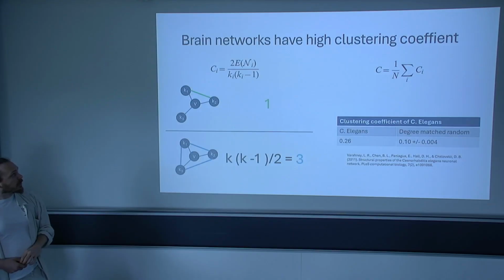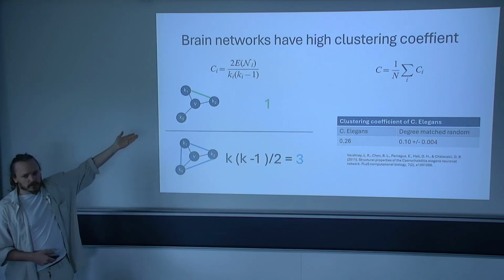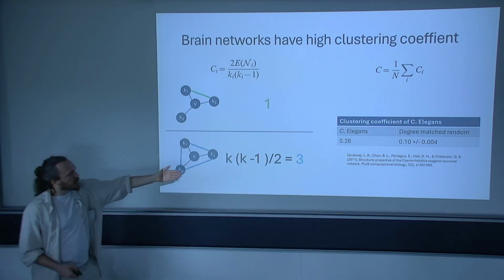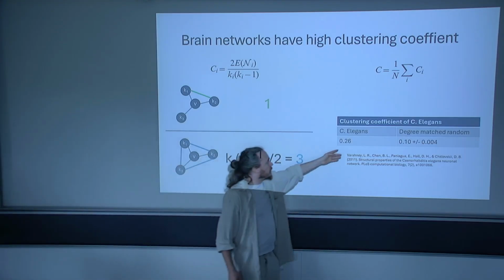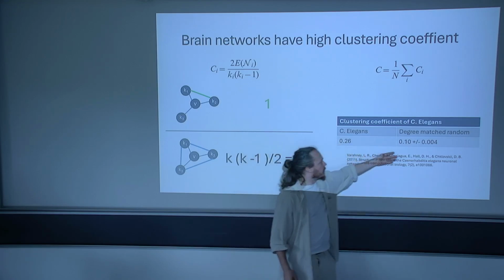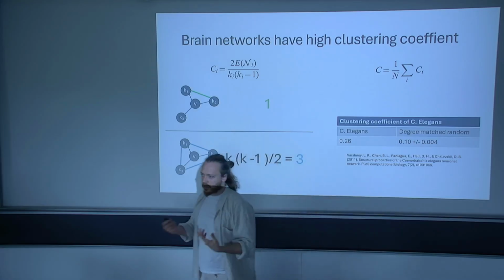We also look at clustering coefficients, so just looking locally at the number of actual connections between neighbors over the number of possible connections. And again, in C. elegans, this may not seem very large, but basically you do a comparison to a degree-matched random network, and usually these biological networks have much higher clustering coefficients.